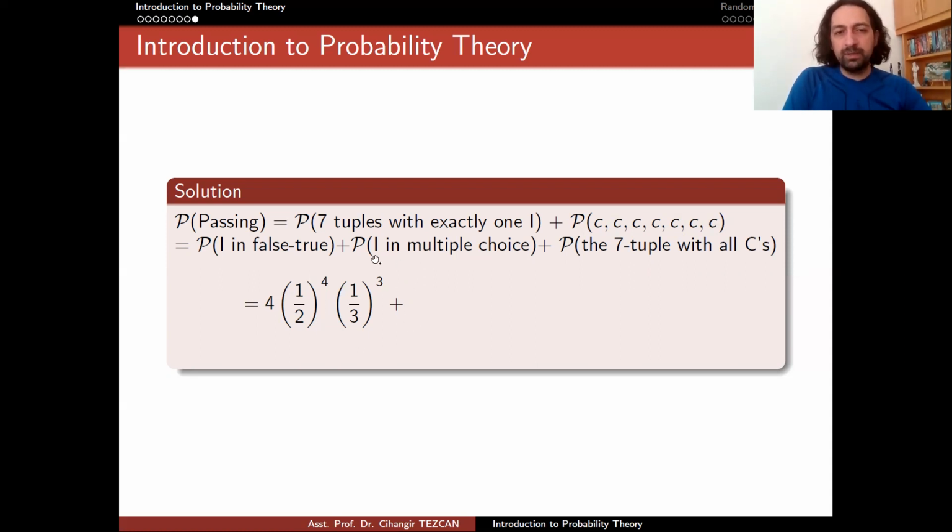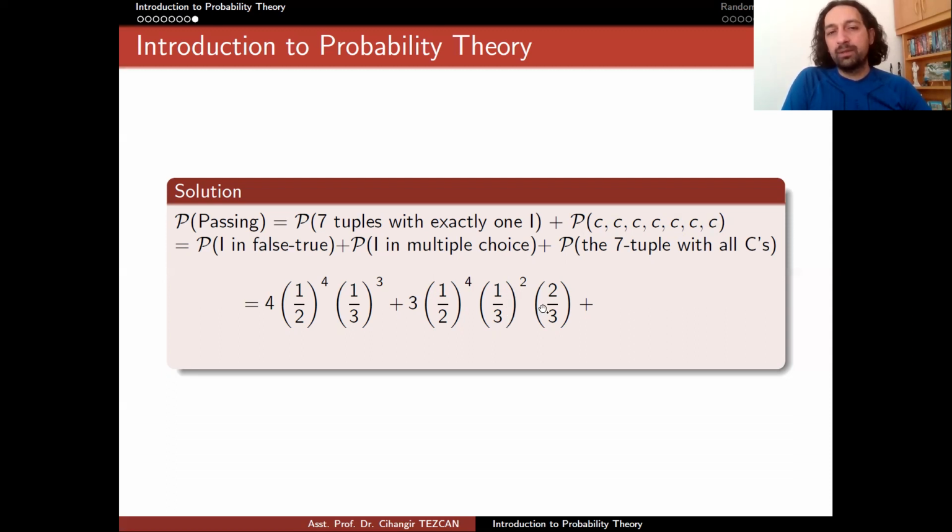Now we are going to do the same thing, but this time we are going to incorrectly answer a multiple choice problem. In that case, as you can see, we have 3 multiple choice questions, so your incorrect answer might be in one of them. And you have to correctly answer 2 of the multiple choices, so this is why we have probability 1/3 squared.